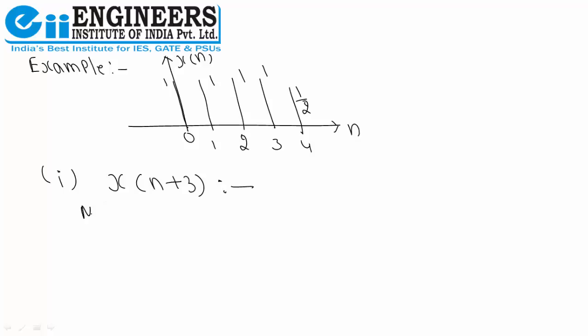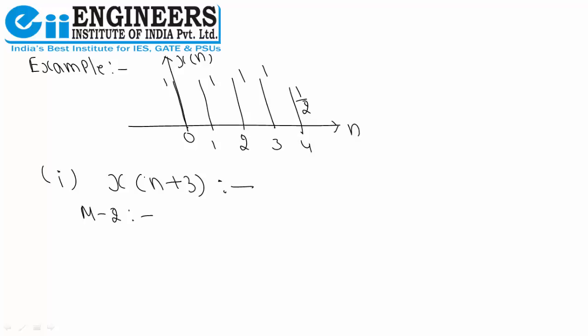Suppose I want to use method 2, which we have discussed in the continuous time signal. So what is method 2? With n there is a 1, so no change.